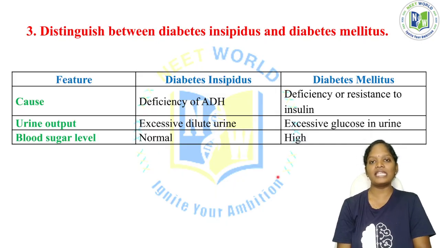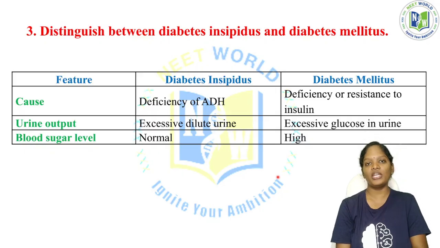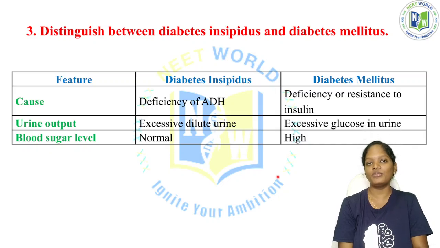Okay, toxins can be easily eliminated from the body only with the help of water, and the water is not needed in an excessive amount. Only as much water as is sufficient for the amount of waste eliminated has to be eliminated from the body, but the water reserve, the other remaining water, has to be reabsorbed by the kidney.